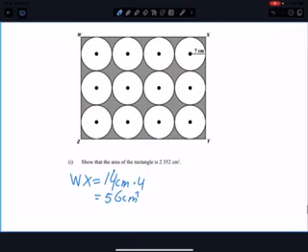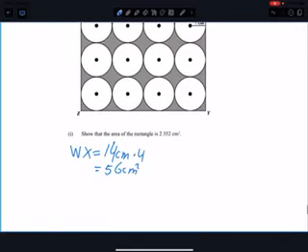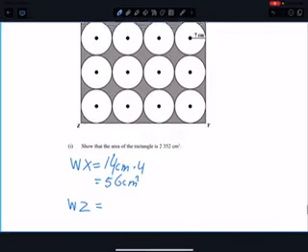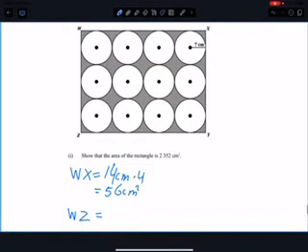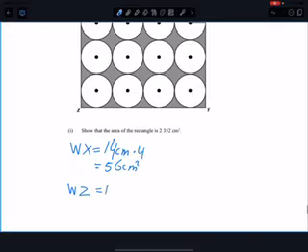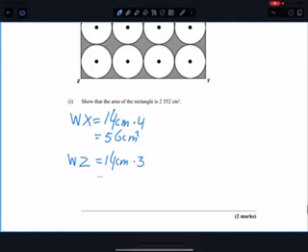The length of XY or YZ, where you want to do it, you have 14 as the diameter. You have 1, 2, 3 circles. That means 14 centimeters multiplied by 3. This equals 42 centimeters.